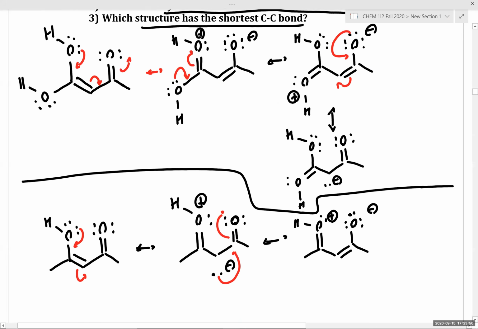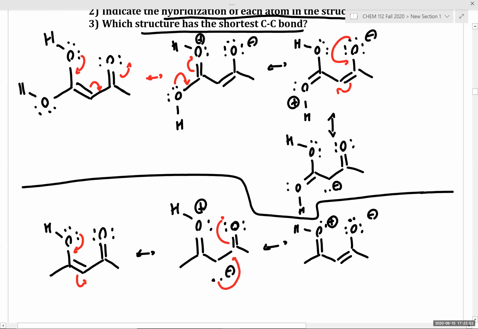Which of these two structures has the strongest carbon-oxygen bond? Well, the way to go about answering that question is to look at as many of our contributing resonance structures as possible and to count up the total bond order and average it out over each of our resonance structures. So let's do just that.